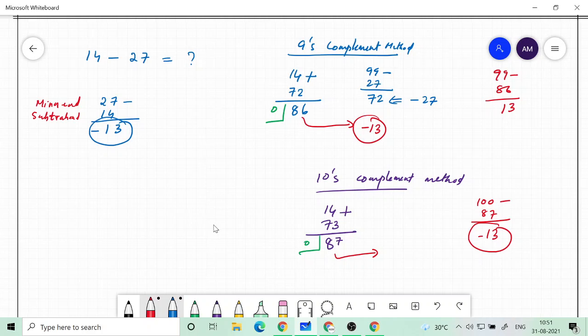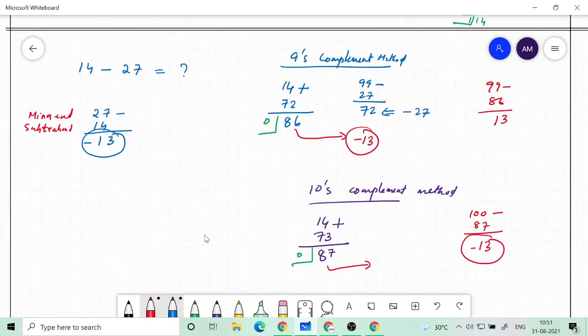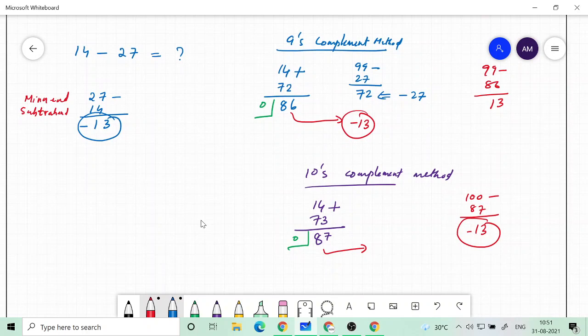Okay, so now coming to the binary format. If you have the binary number system, instead of 9's complement and 10's complement, we will have what are called 1's complement and 2's complement, because base 10 and 10's complement, similarly we have base 2 and 2's complement, and 1 less than 2.